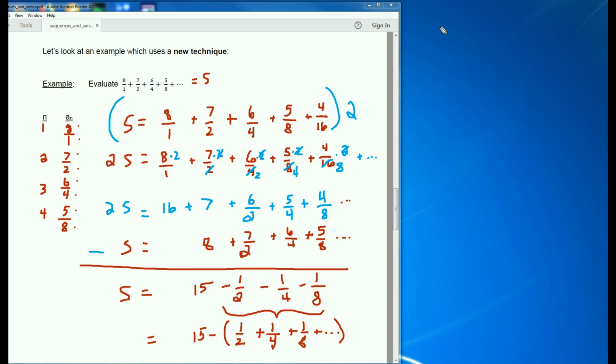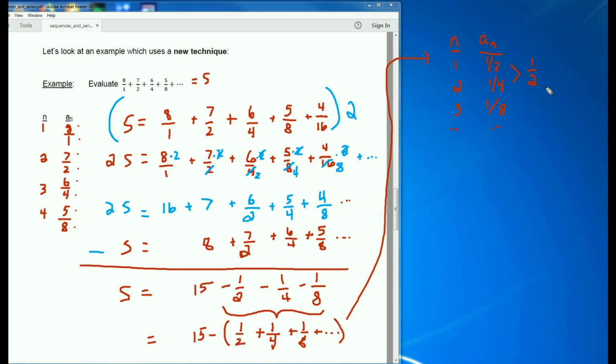Okay? So this right here, if we were to do a sub n, all right, the first term is 1/2, the second term is 1/4, the third term is 1/8, and so on. So the common ratio is 1/2.